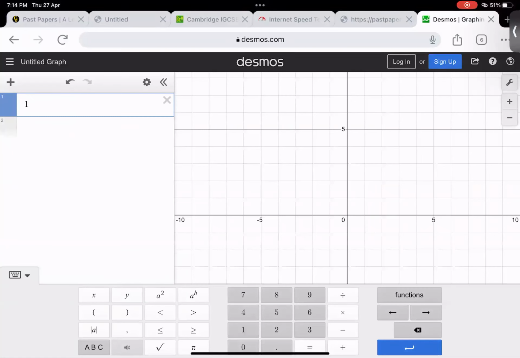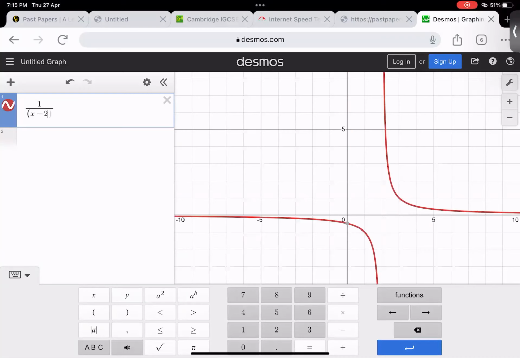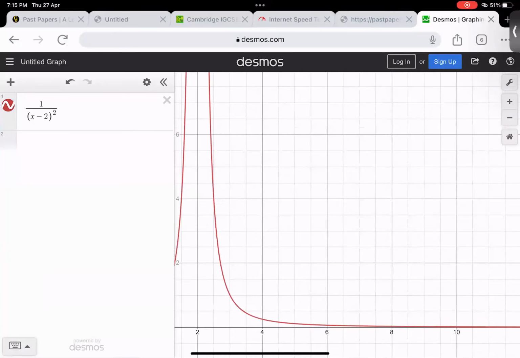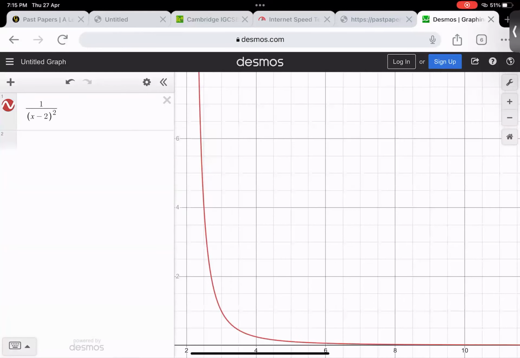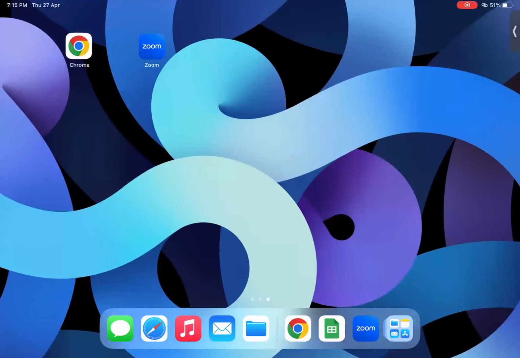1 divided by (x minus 2) squared. If you see the graph, wait a minute, it's x minus 2, let me check once again.